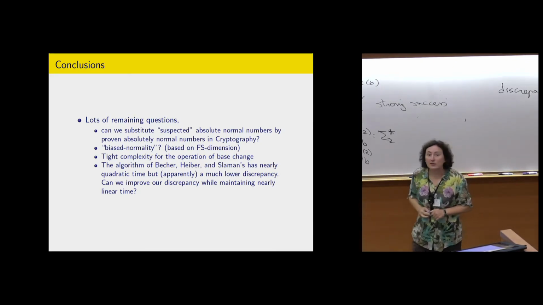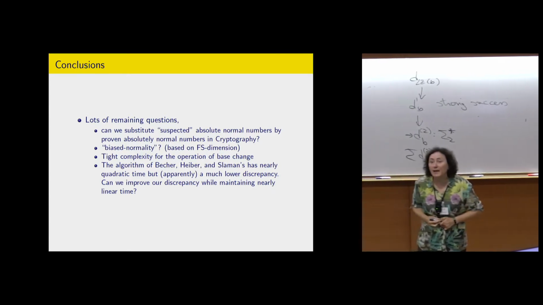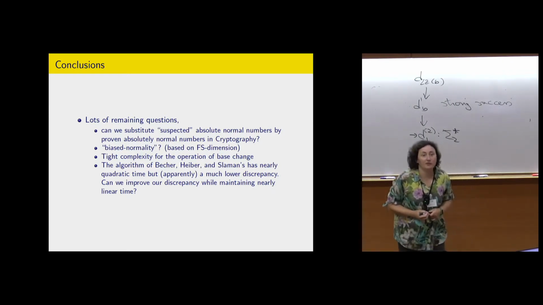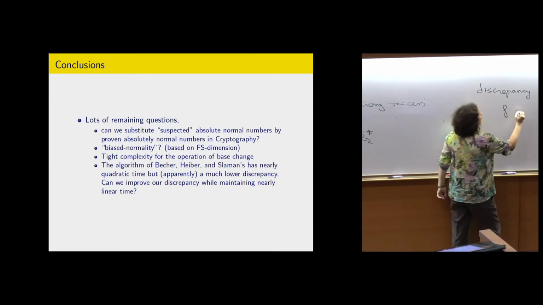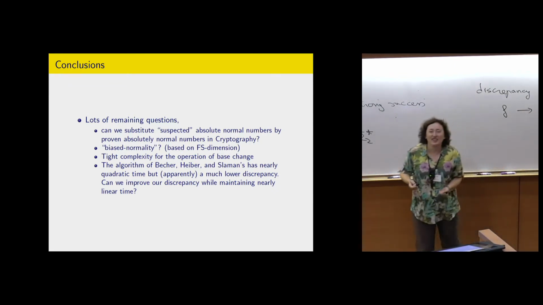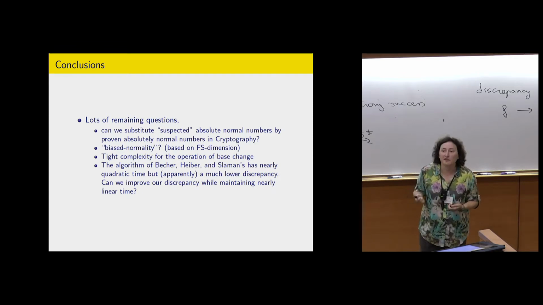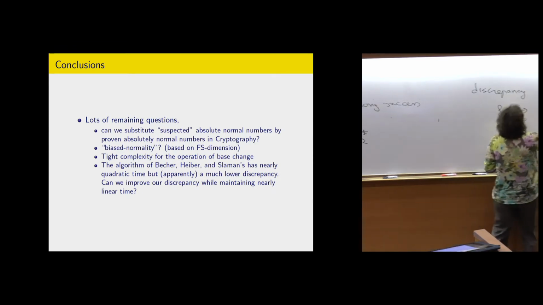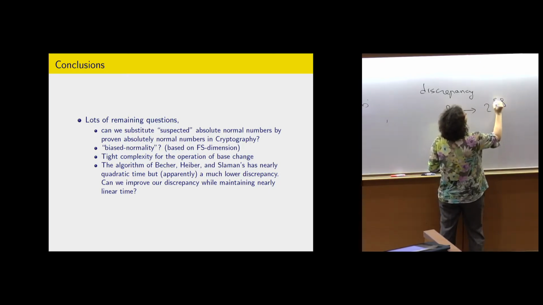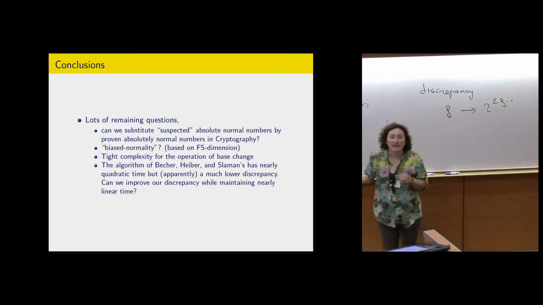They have a more recent paper in which they can tailor it. You can get any discrepancy f. Of course, you don't get polynomial time anymore. You need to pay for this low discrepancy. They can get things with some sort of low exponential f.